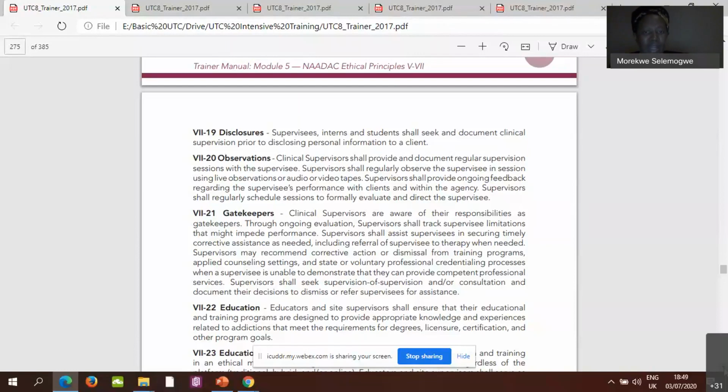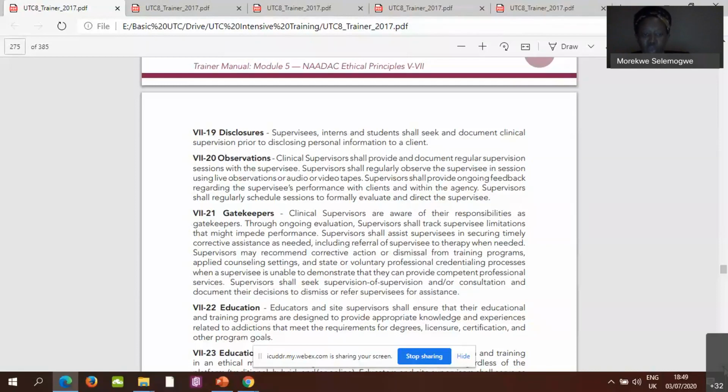Gatekeepers. Clinical supervisors are aware of their responsibilities as gatekeepers. Through ongoing evaluation, supervisors shall track supervisees' limitations that impede performance. So through your regular consultation, you will be discussing these observations, or the audios or videotapes that they might have taken themselves or you would have observed, so that you can look at some of the strengths and some of the opportunities for growth for the supervisees.